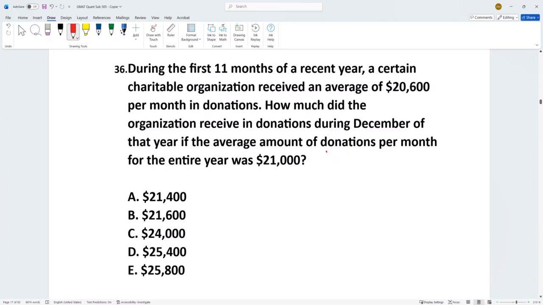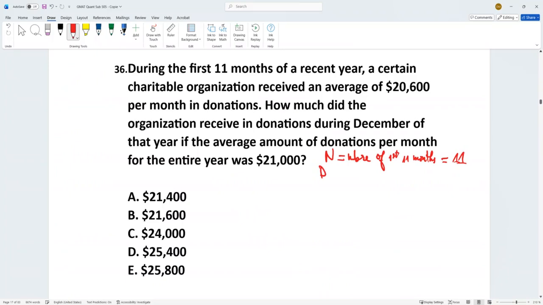So we will start by saying let n be equal to the number of first 11 months, which is equal to 11.